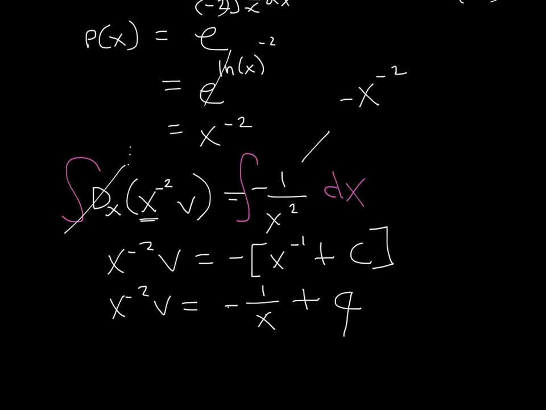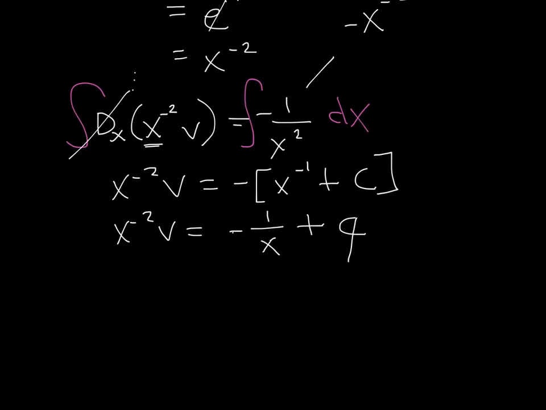Whoops. I wanted to move that up. That's still a c. So again, we're solving for v. Multiplying both sides by x to the negative 2, because we want to isolate v, we simply get x plus c x squared, or just c. And we know v is y to the negative 1/3.